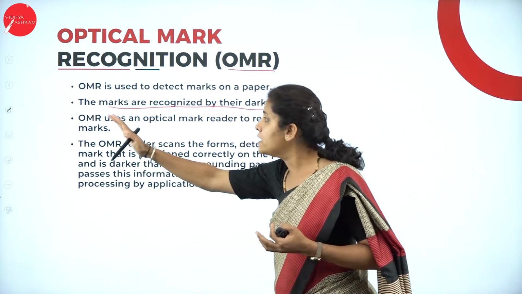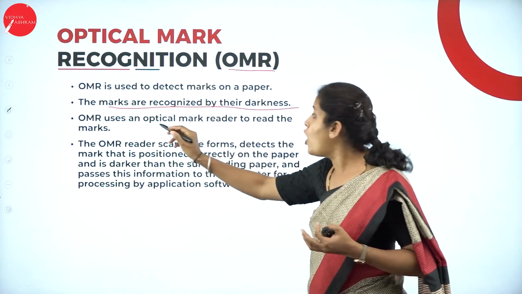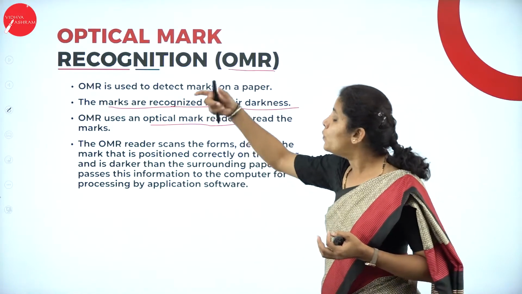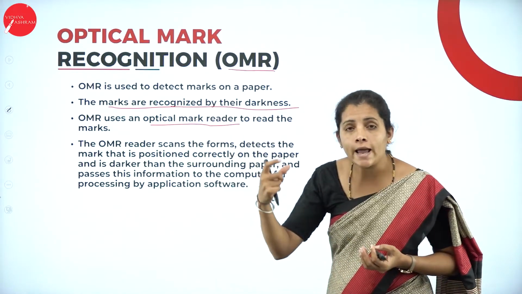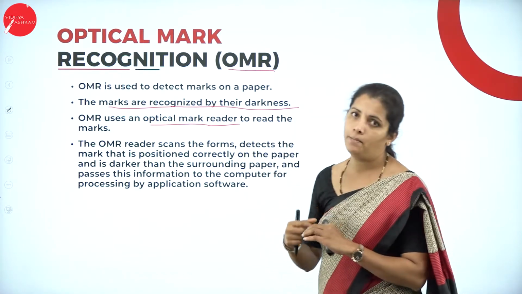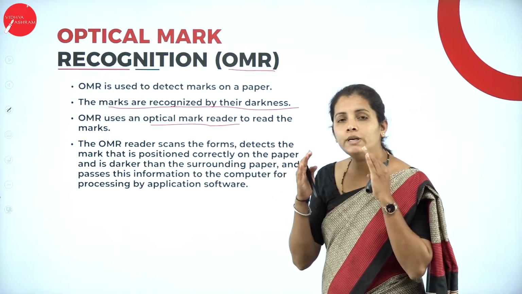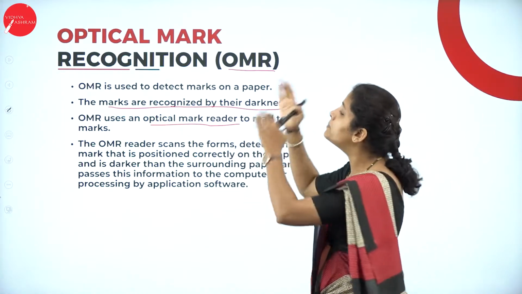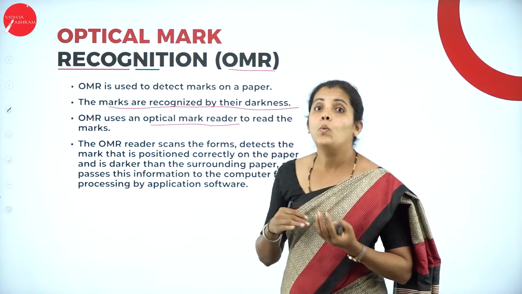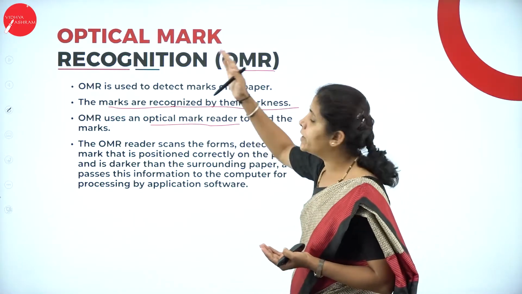Here OMR uses an optical mark reader to read the marks. Dear student, just remember that it is mainly used to read marks. So what is the job of the OMR?